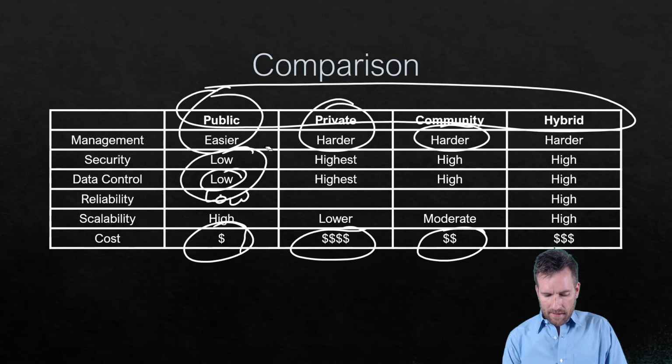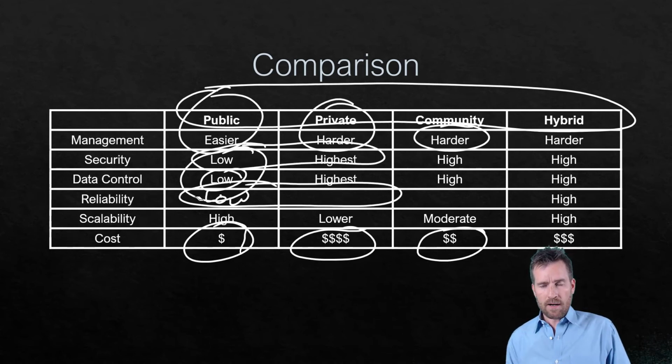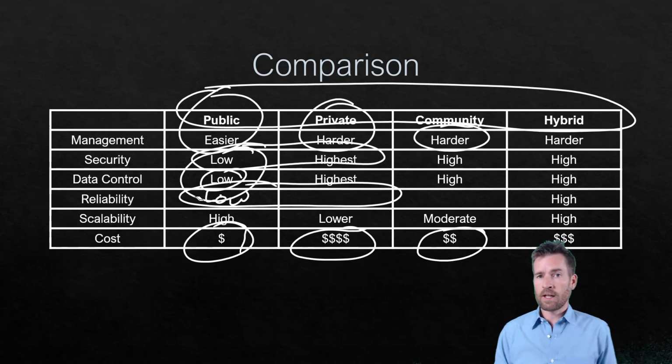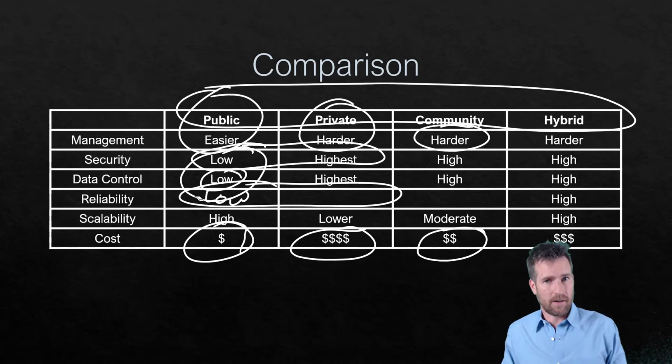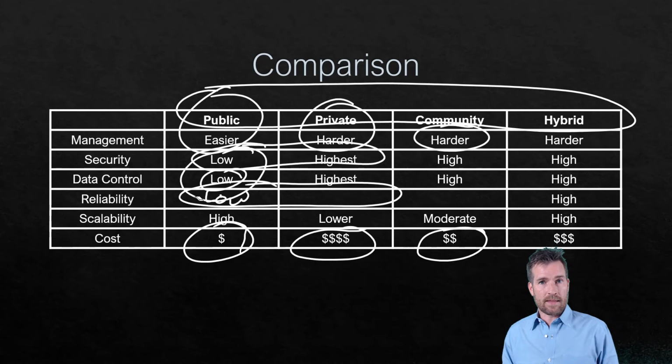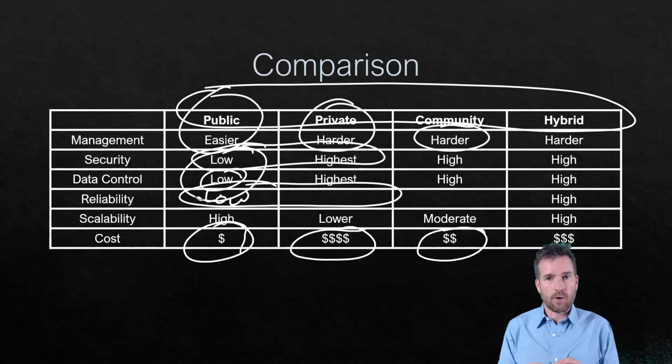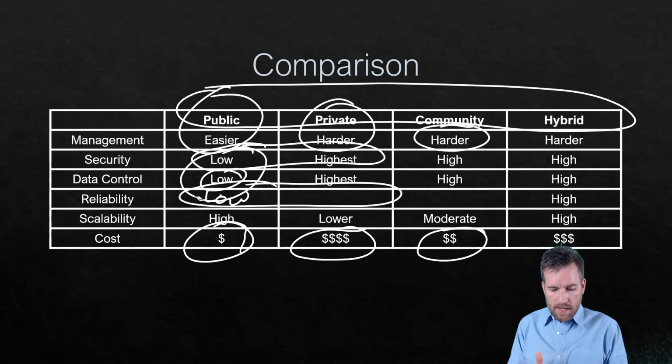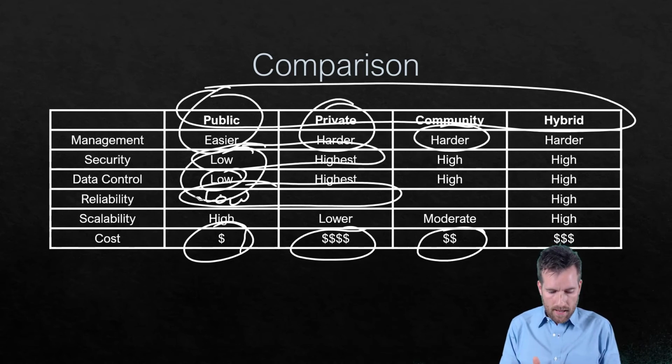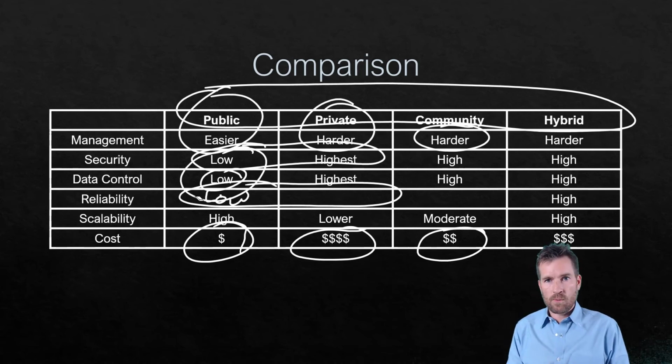But from a security standpoint and a reliability standpoint, I would argue that private and public cloud can vary. What I mean by this is that in the public cloud, you have people who are dedicated towards security and people dedicated towards reliability. In the private cloud, hopefully you have that as well. But either public cloud or private cloud can be mismanaged and can be under-resourced.